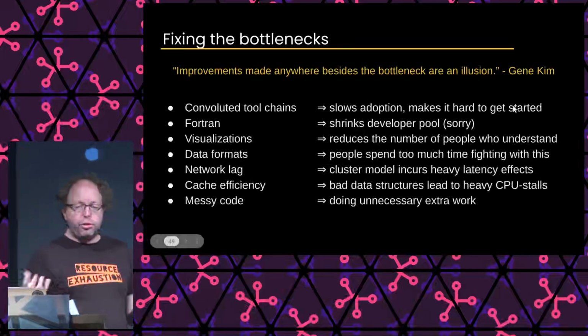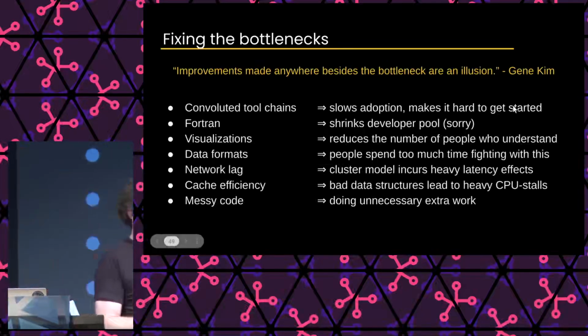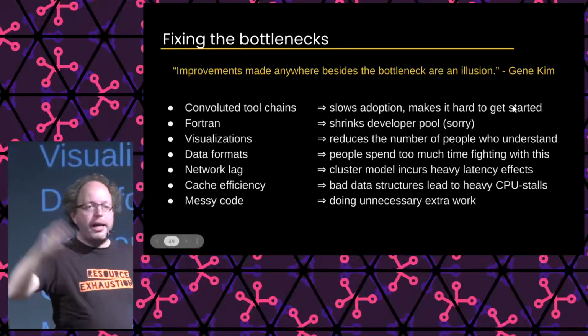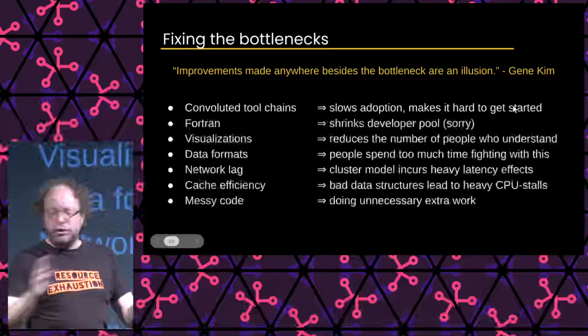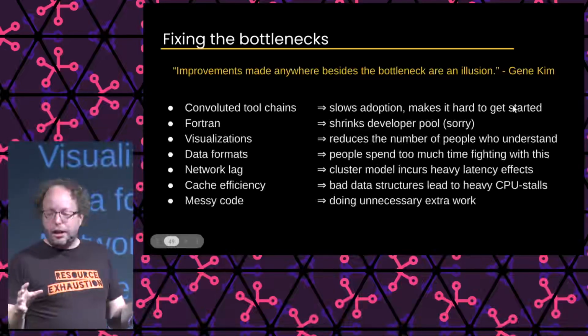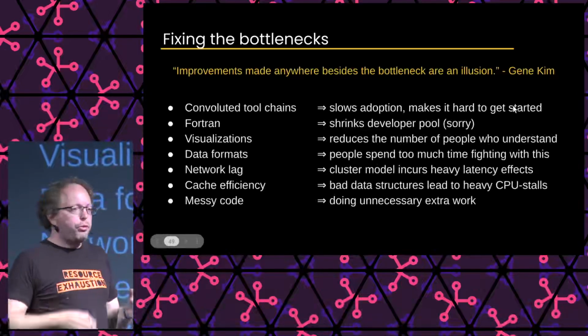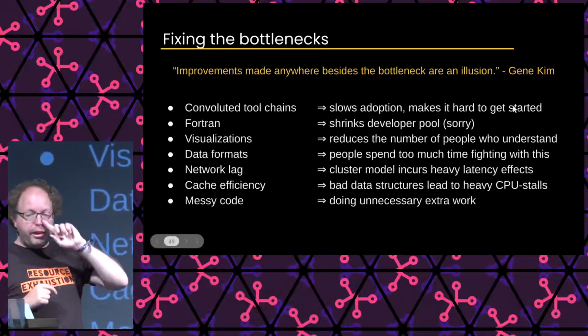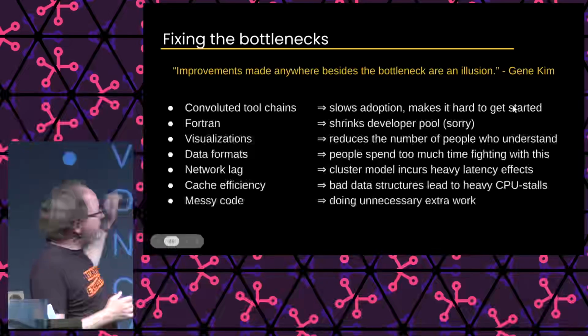One is convoluted tool chains. The fact that we're running a Python script that's running CMake and make and Perl and Bash scripts and so on, it's too much. On top of that, you want things to be easily configurable. We kind of need to get rid of Fortran.